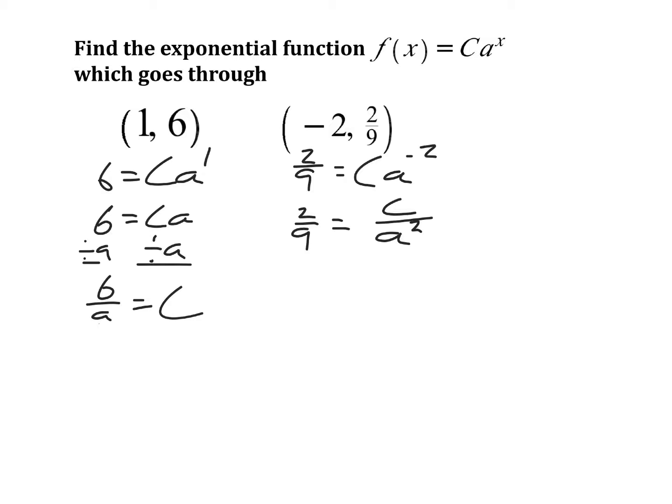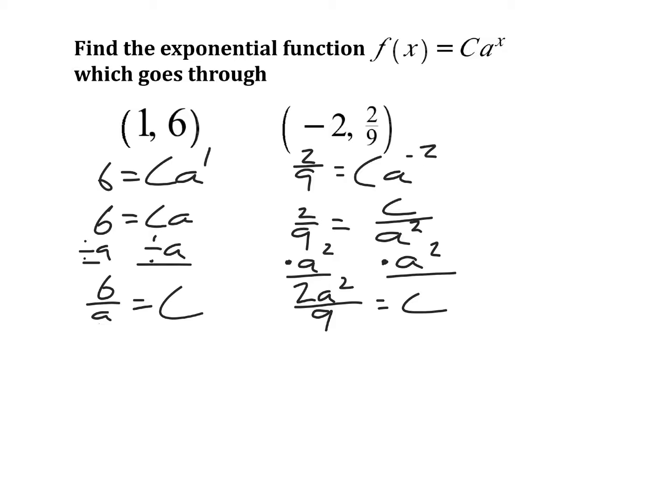So I got 2/9 equals c over a squared. How do I make that into c equals? I would multiply by a squared. A few of you will force the cross multiplication onto it, and that will work, but it will just give you an extra step here. Either way you do it, you should end up with 2a squared over 9 equals c at that point.